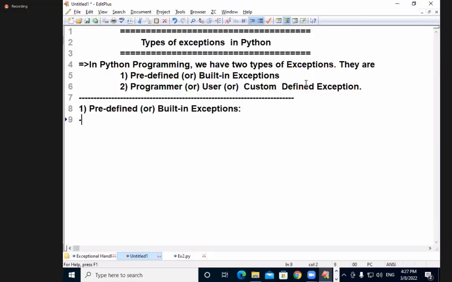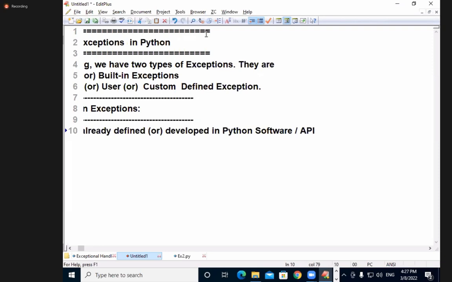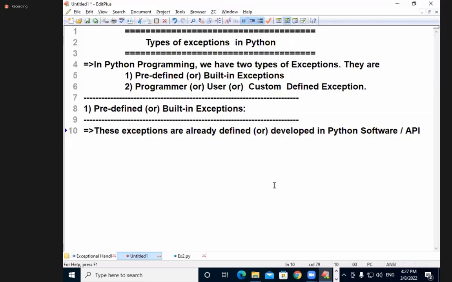These exceptions are already defined or developed in Python software, in the Python API, which is already available in our Python software, and they are always dealing with universal problems.